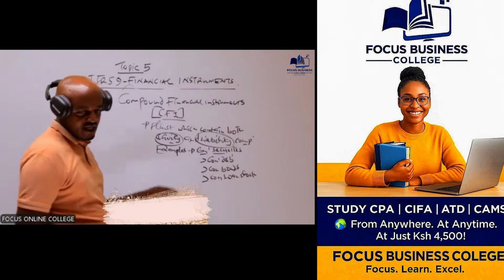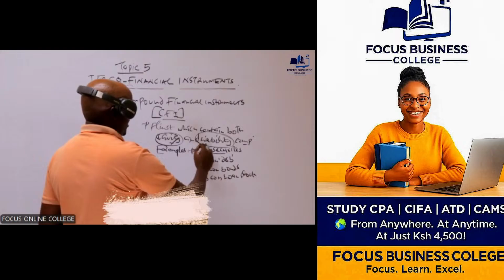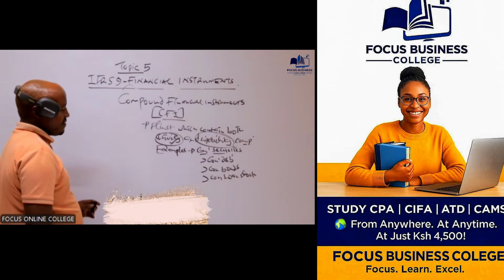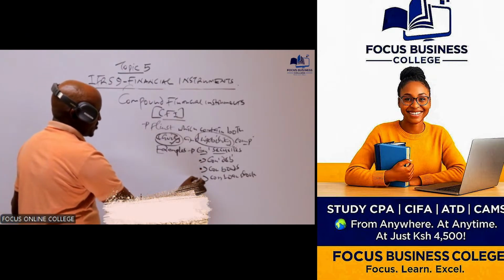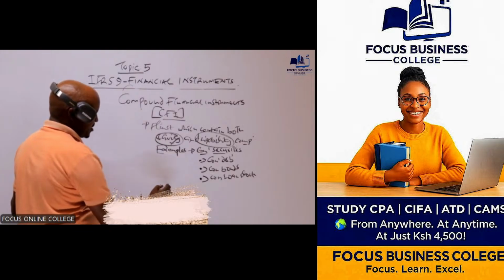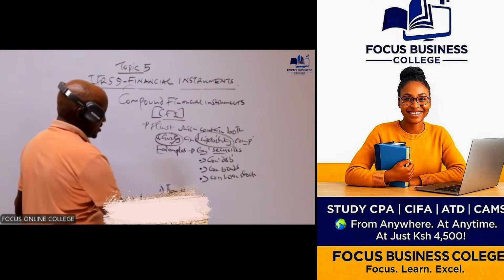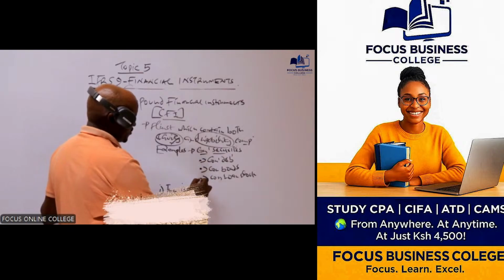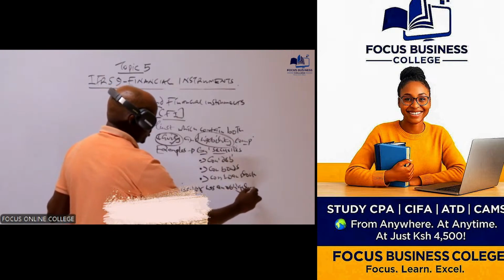Now, why do we say that these compound financial instruments or these convertible securities contain equity and liability components? Two reasons. One, the issuer is basically the company which has issued these convertible securities, and it has an obligation to pay cash.